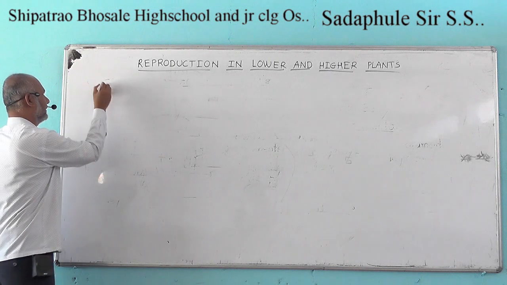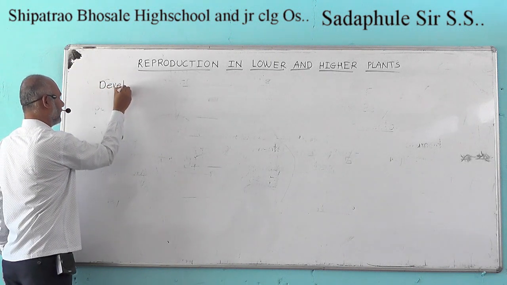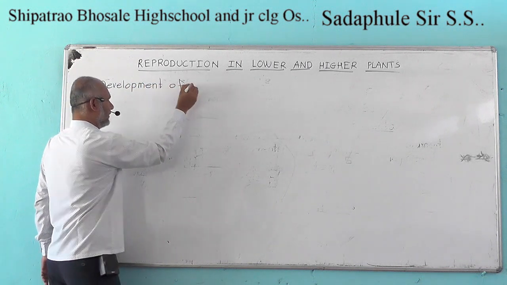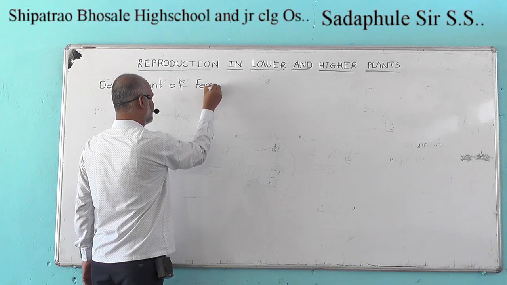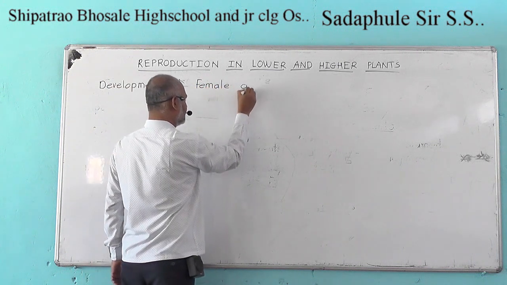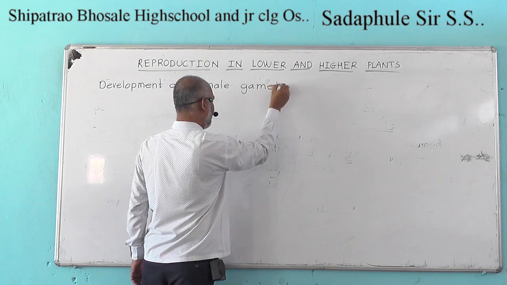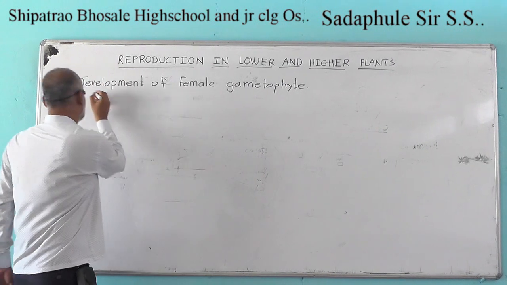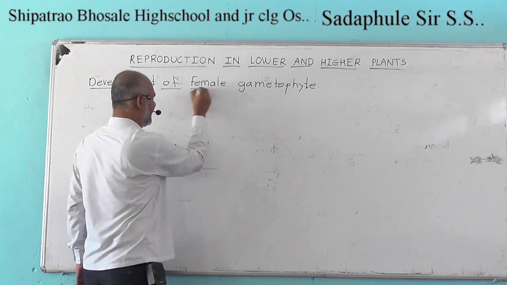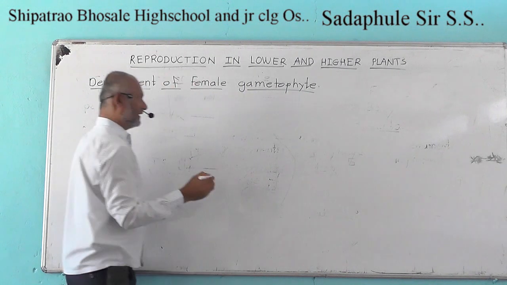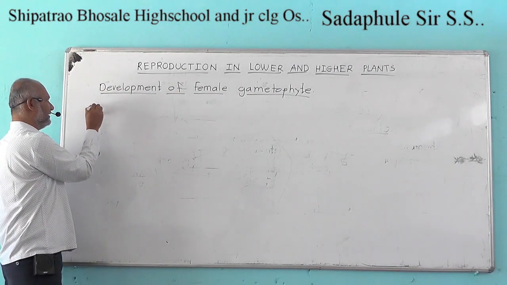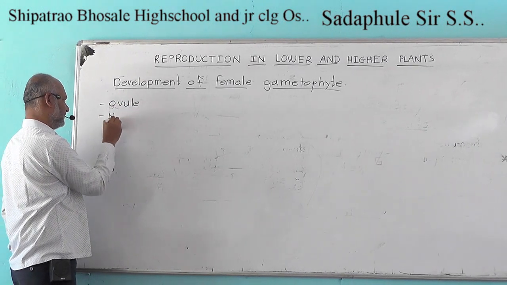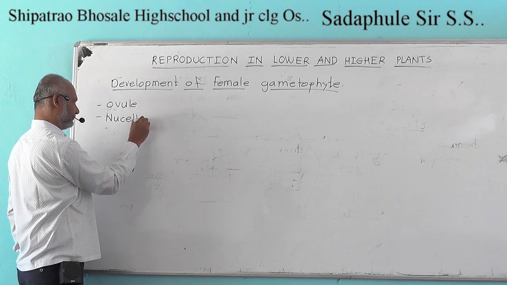Now, in angiosperms, the female gametophyte develops inside the ovule, that is inside the nucellus.